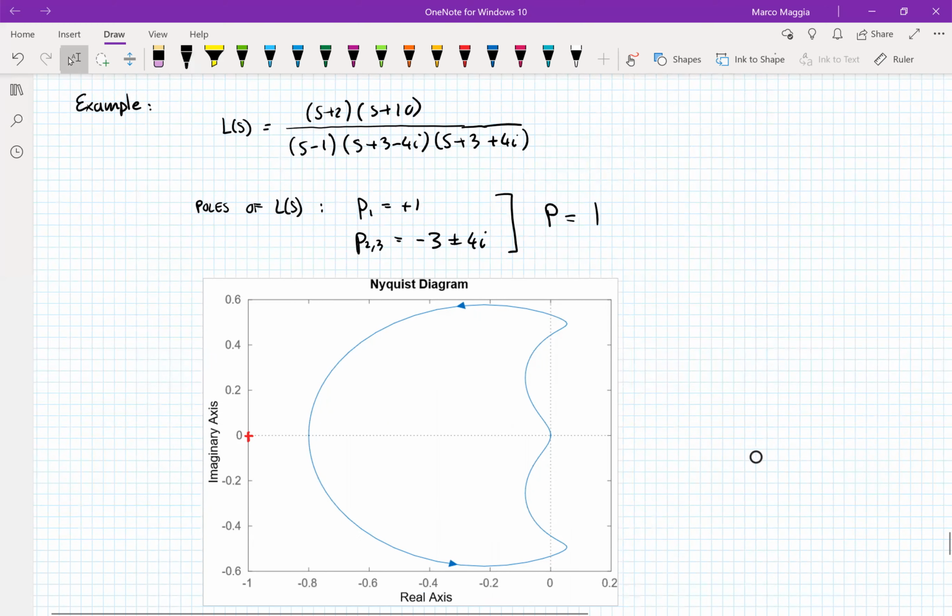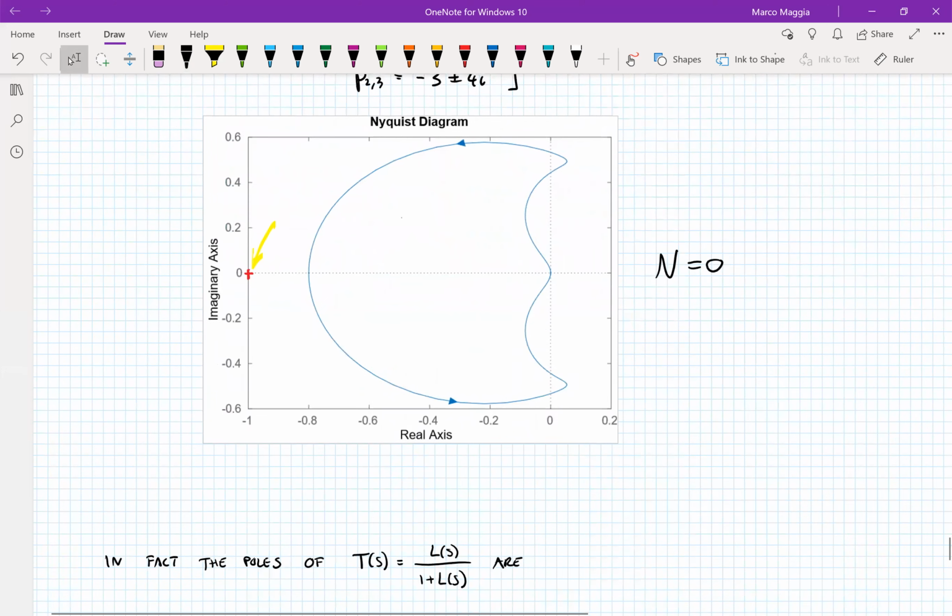Now, we've generated a Nyquist plot right here. It's kind of a Pac-Man ghost. How many times are we encircling the (-1, 0) point? Where is the (-1, 0) point? Here. 0 times. We're not encircling it at all. So N is equal to 0.